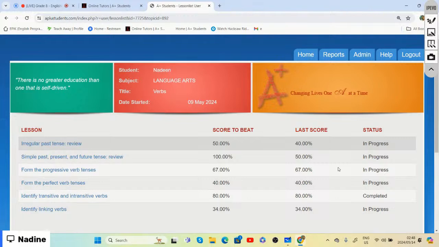Whether it is in the present, past, or future. And we went over transitive and intransitive verbs. Remember, transitive has a direct object, which tells us either whom or what it is acting on. And intransitive verbs do not have a direct object, right? And then we also had to identify linking verbs. So there are many different kinds of verbs, right?